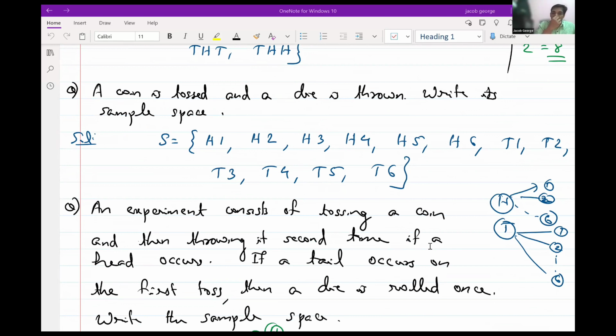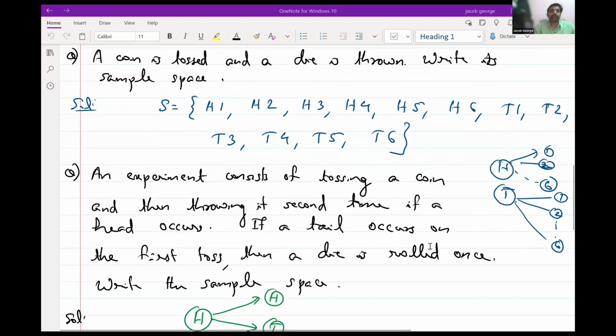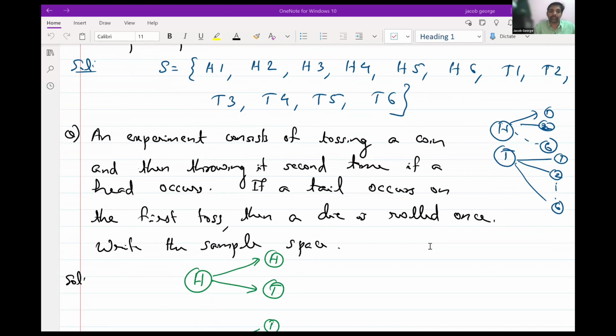Tossing a coin and then throwing it a second time if a head occurs. Last class we have done this as well. Those who were absent, please note this down in your notebook.